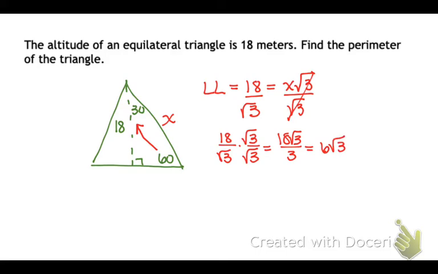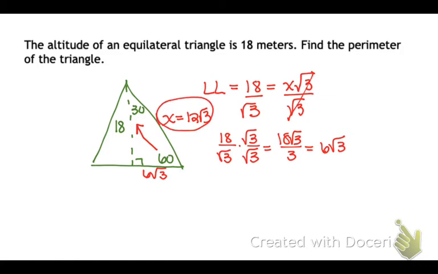So I have 6 radical 3. Now what we have to be careful about is I didn't actually solve for the side of that triangle. I solved for the side opposite 30, which is down here. So that's 6 radical 3. So I have to double that to get one side of that equilateral triangle. So a whole side length of that triangle is 12 radical 3.